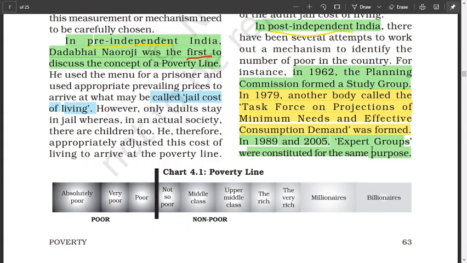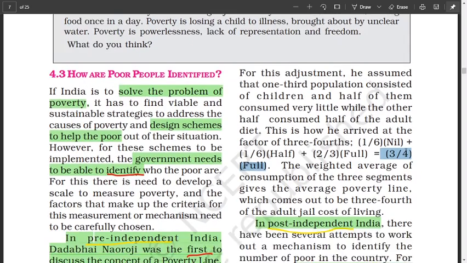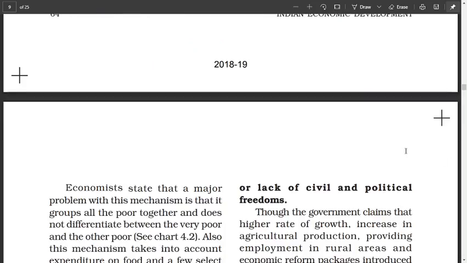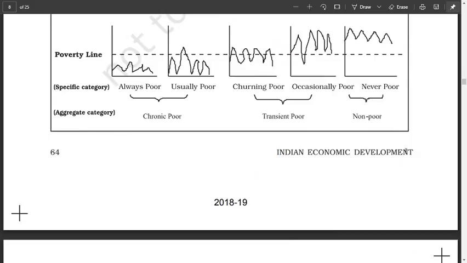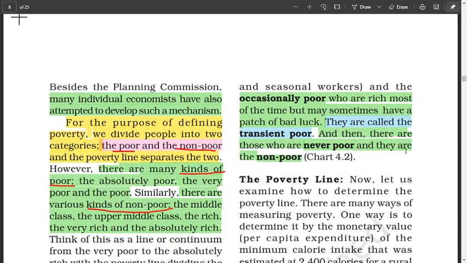In 1989 and 2005, expert groups were constituted on the same. And also at the same time, individuals, economists and experts have made their own attempts at finding this line. So that's about the need to identify the poor.